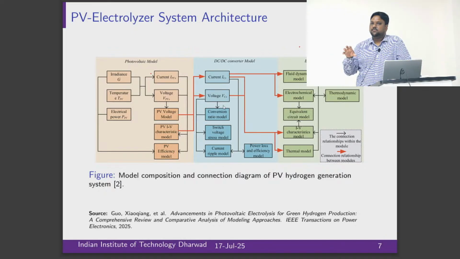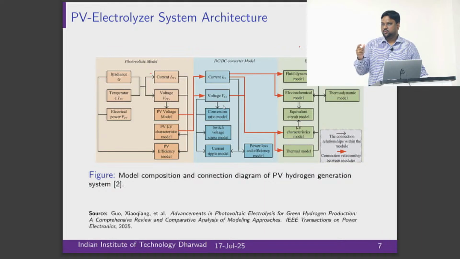And we already discussed the DC-DC converter objectives when you go for converter design or controller design. These are the objectives, mostly the conversion ratio. We require a high voltage conversion, because if you are generating a high DC voltage but the electrolyzer needs a low voltage DC, you should design a converter that can step down the voltage with a high conversion ratio.